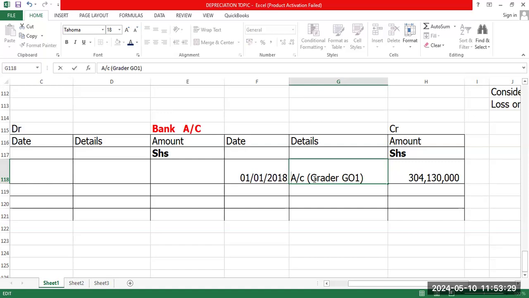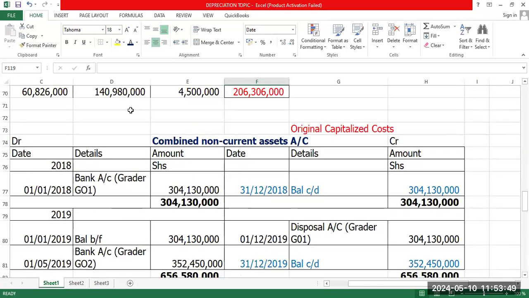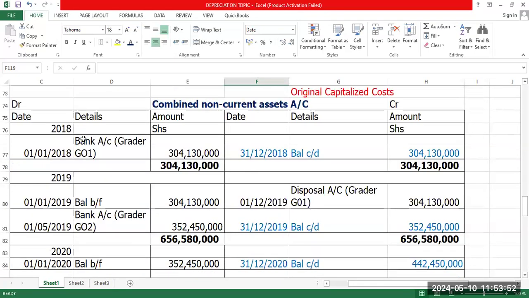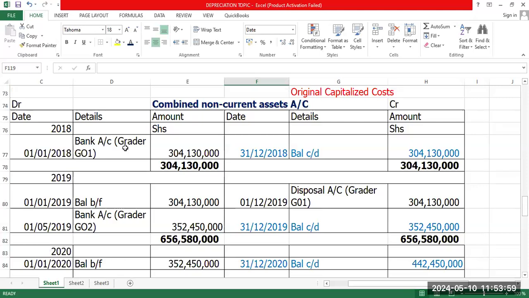You can use combined non-current asset, but you specify exactly which asset. In this year, did you purchase any other? Go back to your asset account. In this year, no. So you close off. You didn't make any sale.